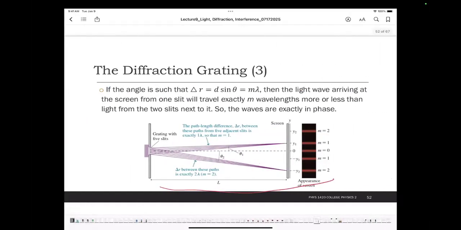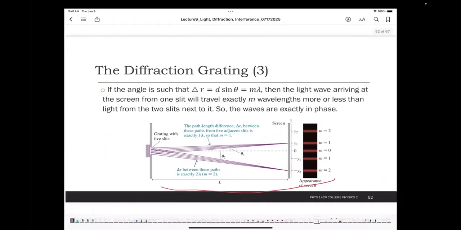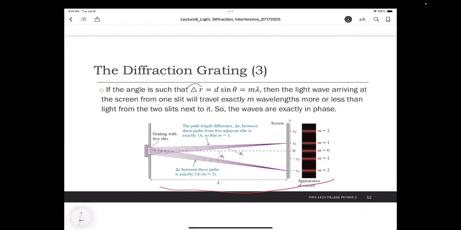If the angle is such that delta r equals m lambda, if this equation works, then the light wave arriving at the screen from one slit will travel exactly m wavelengths more or less than light from the two slits next to it. So the waves are exactly in phase.